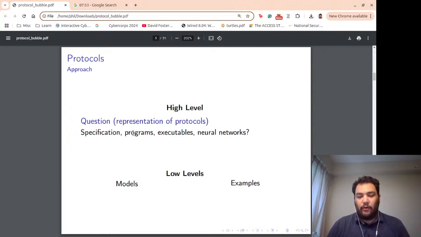And so there's two things at a low level that we care about. One is thinking about how to formalize what it even means for two protocols to interact. That's what I mean by models.